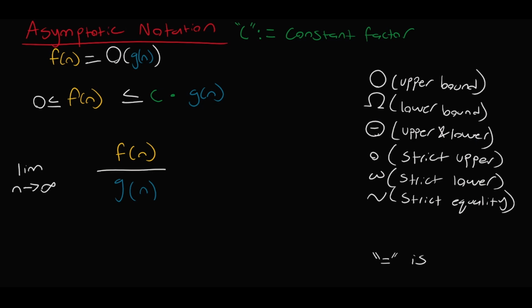This is a ratio. This is sort of describing the overall behavior. So this ratio of f of n over g of n is less than infinity. What this is saying is that since g of n is upper bounding, since it's greater than or equal to f of n, and g of n is growing larger and larger than f of n, the g of n in the denominator here is going to be dominating.